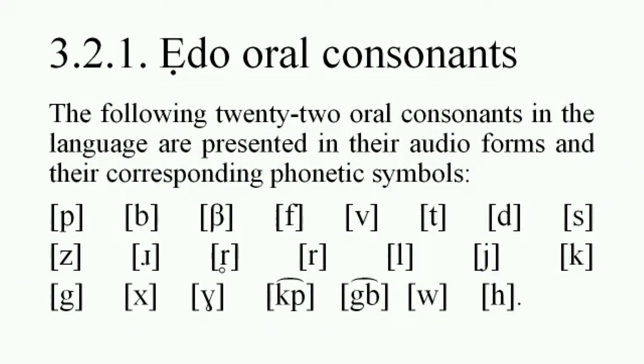B, T, D, C, Z, R, Li, Yi, Ki, Di, Bi, Ri, We, and He. So these are the 22 oral consonants.